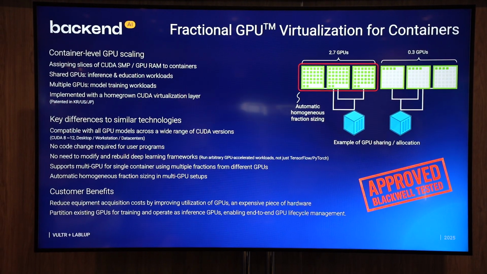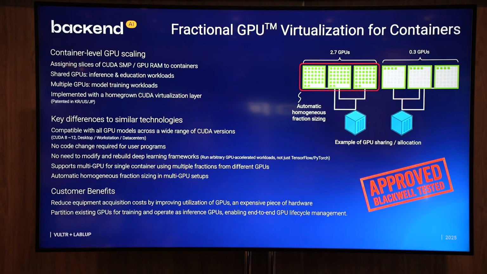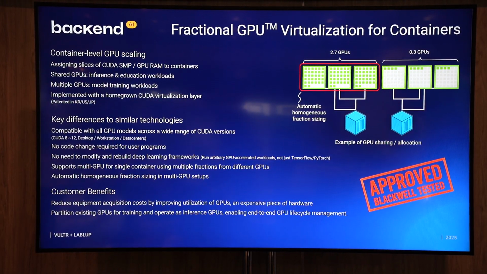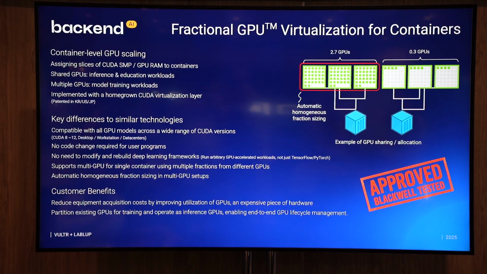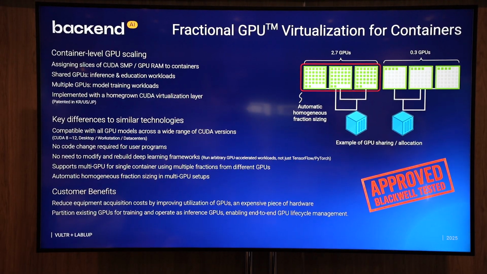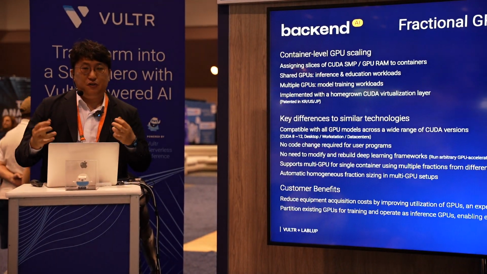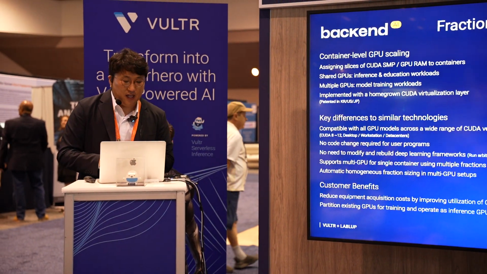But our fractional GPU is different from their implementation. It overcomes several shortcomings of these technologies, such as the inability to isolate error propagation and the inflexibility when you want to reconfigure and resize the slice sizes on the fly.